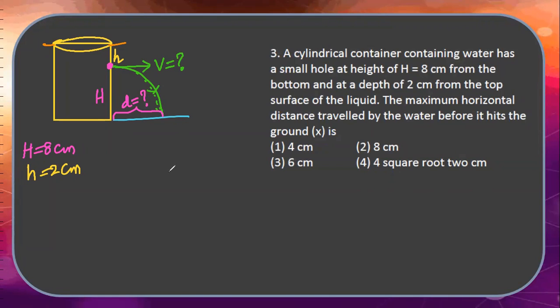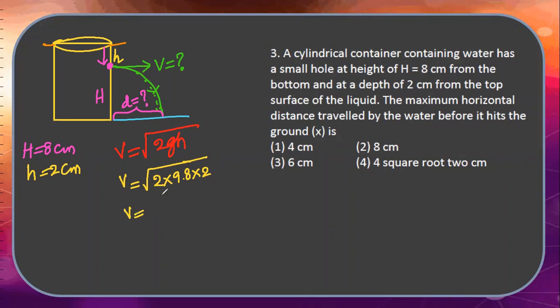According to the equation of continuity, if the water falls from a height h, then the velocity at this point, v, is equal to the square root of 2gh. V is equal to the square root of 2 into g, 9.8, into the height, which is given as 2 centimeters above this hole.